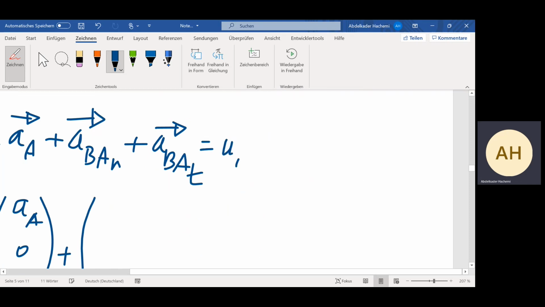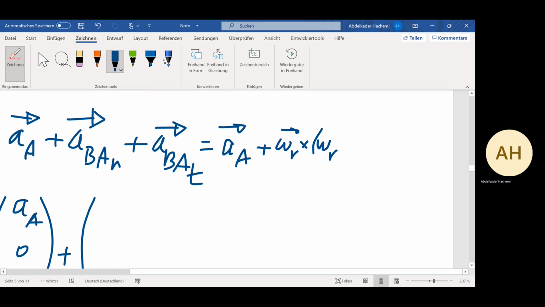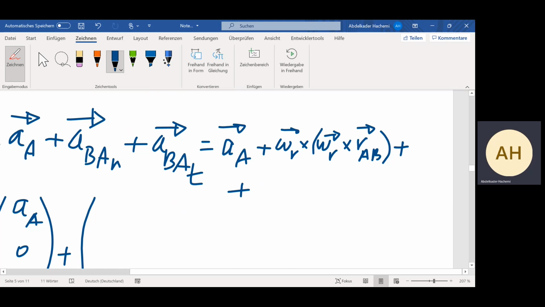Then here I can write it to better understand. This is EE, plus omega R cross omega R cross R EB, plus here omega dot R cross R EB.